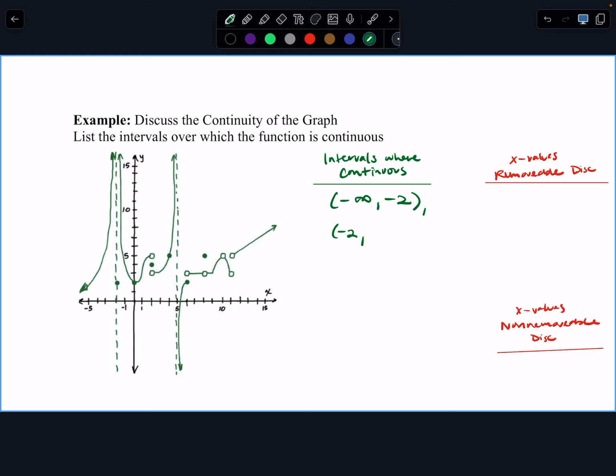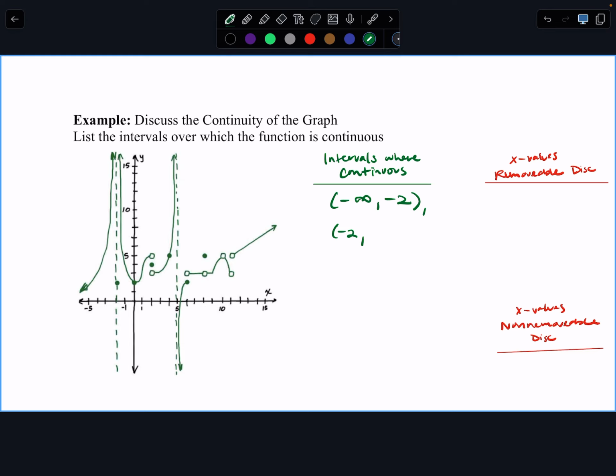The limit as x approaches 2 from the left is not equal to the function value at 2, and that's why we are not including 2 in that interval.